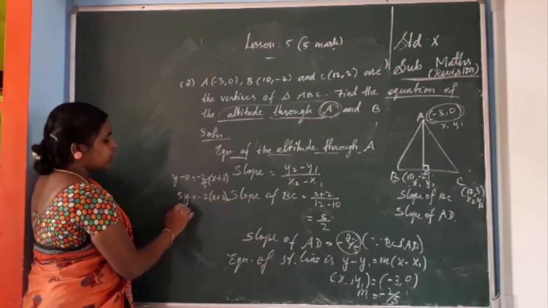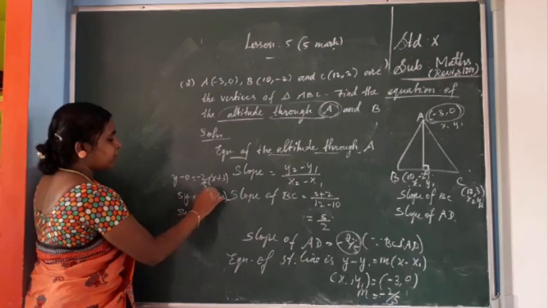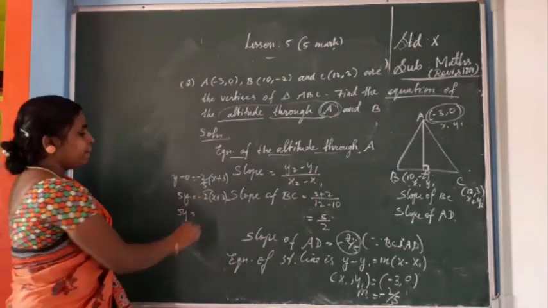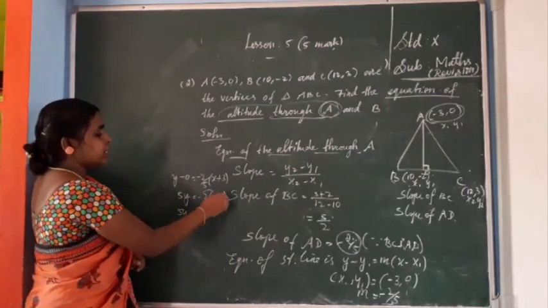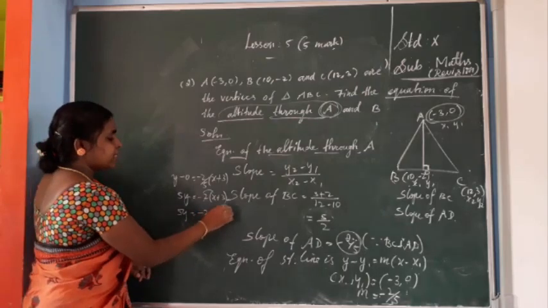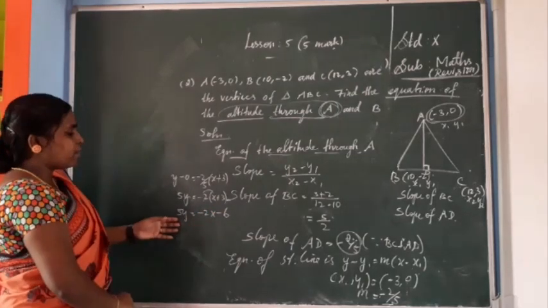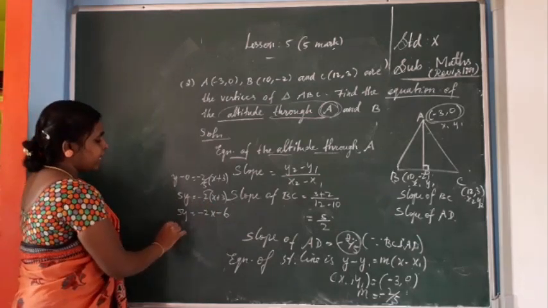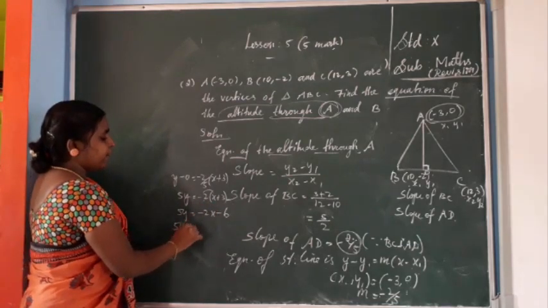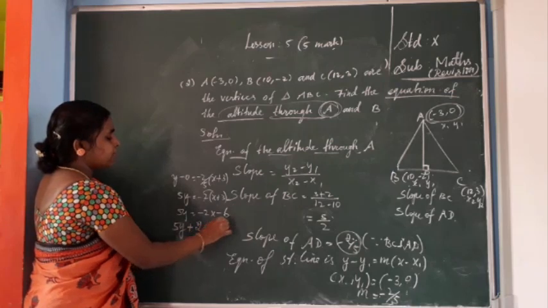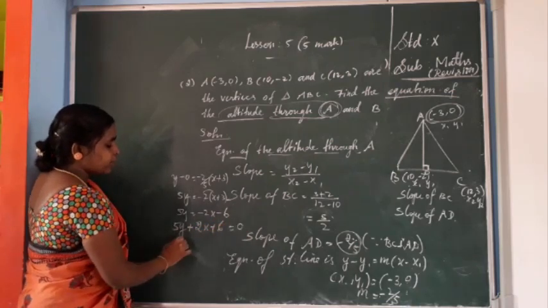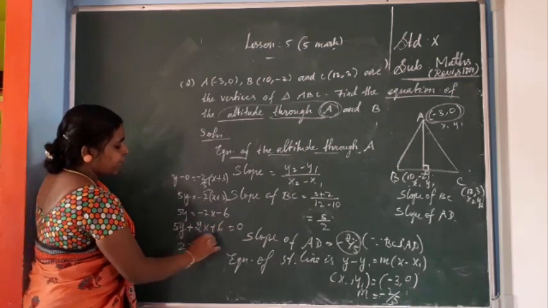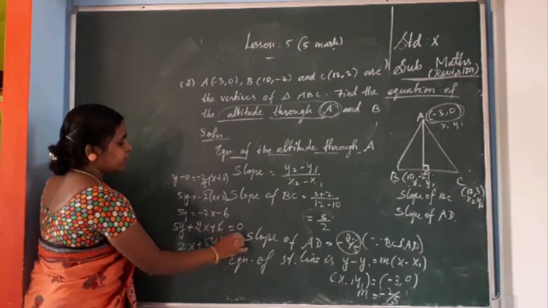Multiply: minus 2 into x is minus 2x, minus 2 into 3 is minus 6. Now you take everything to one side. The x is negative, so everything goes to the left-hand side. Already 5y is there, so 2x plus 6 equals 0. Arranged: 2x plus 5y plus 6 equals 0.